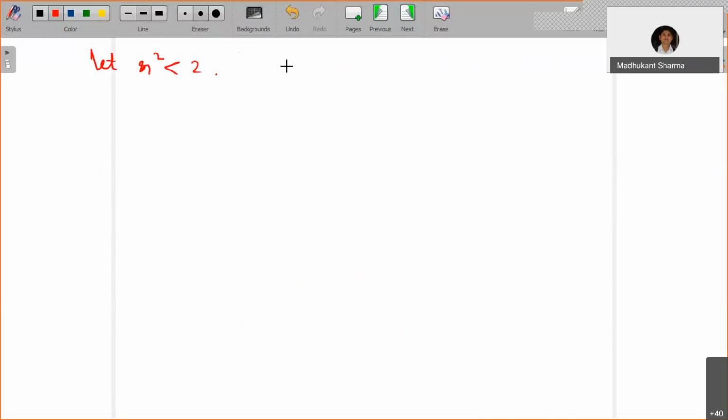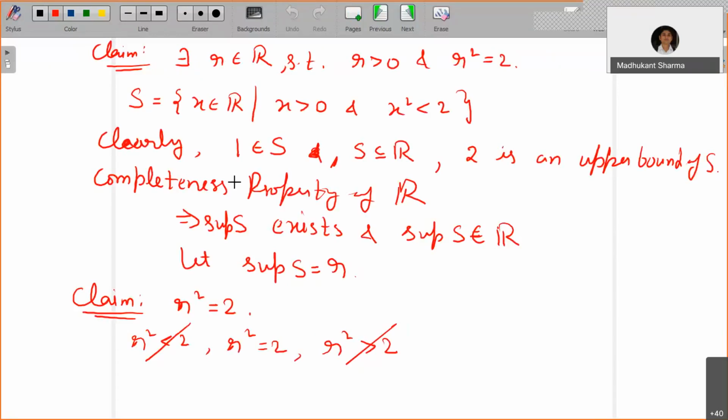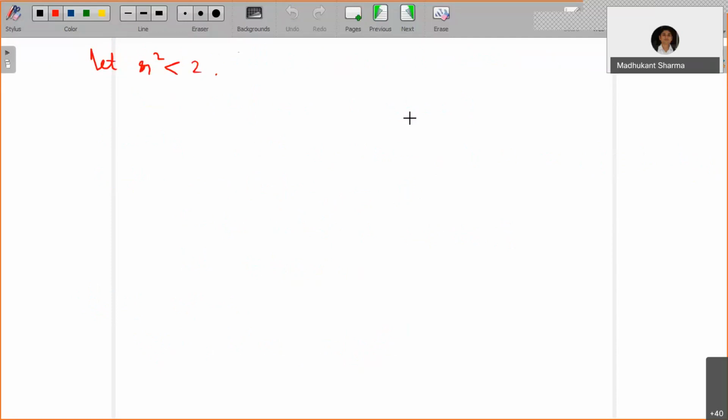Since r square is less than 2, r is a real number greater than 0 with r square less than 2, so r is in S. That is very clear now.